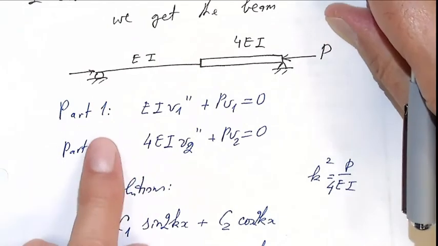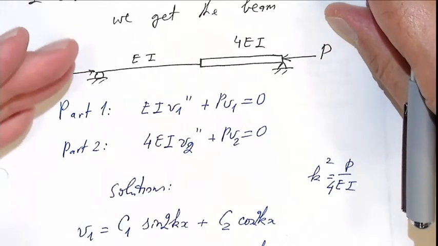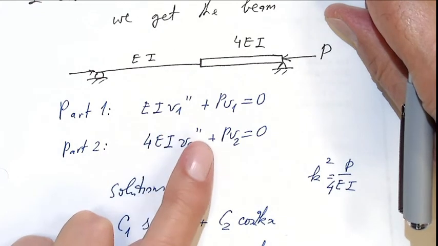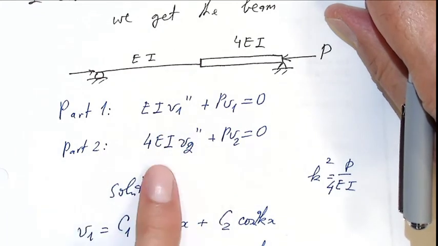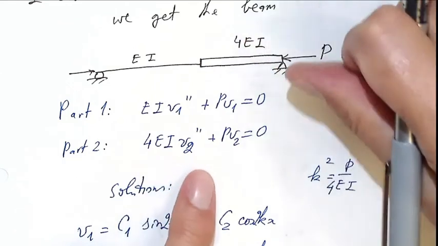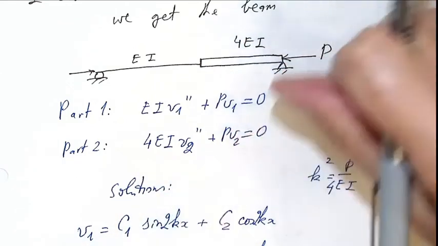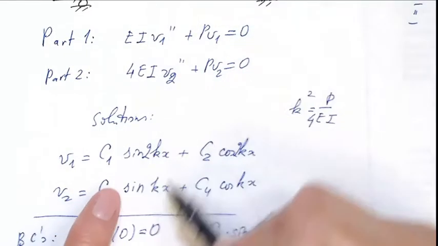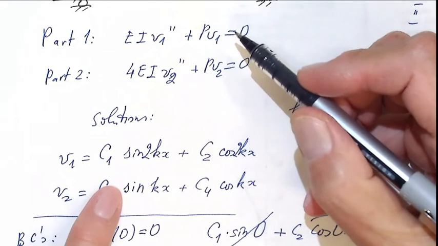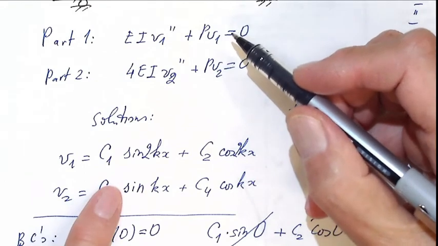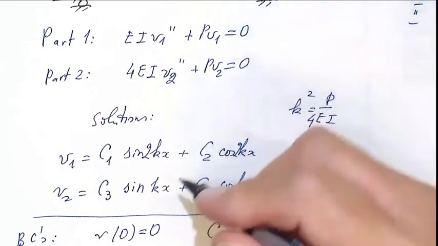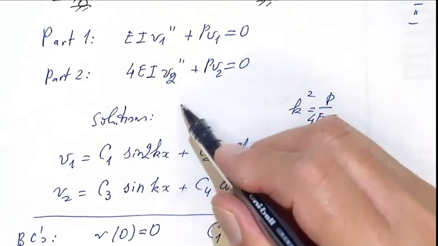So that is how we should have started. EI V1 double prime plus PV1 equals 0. 4 EI here, part 2. PV2 equals 0. So the solution in the first part will be some, actually that is the solution of the second part.